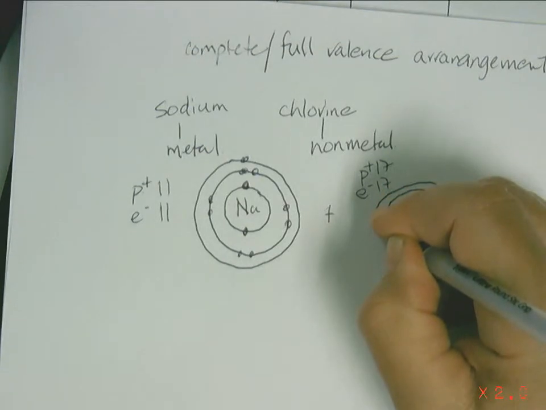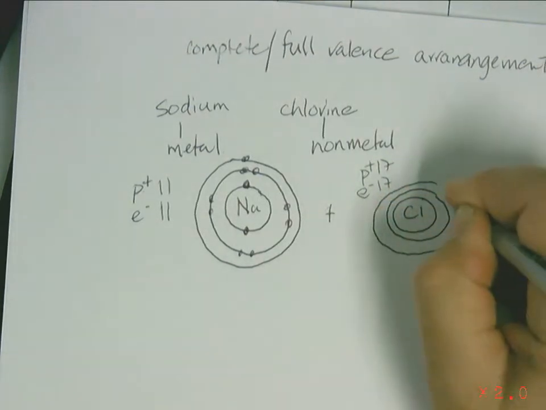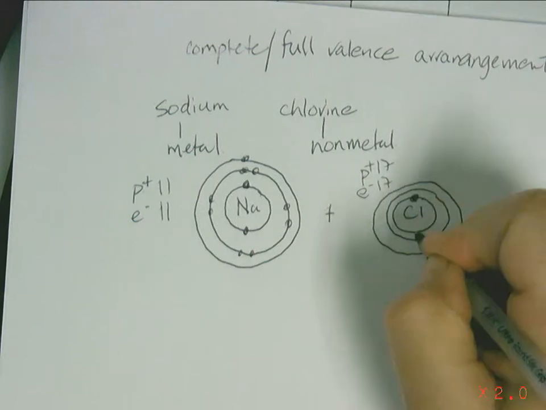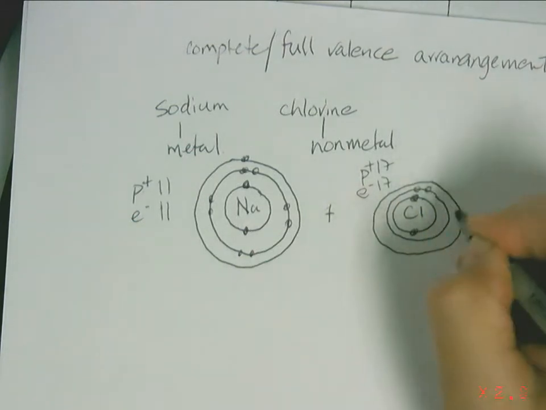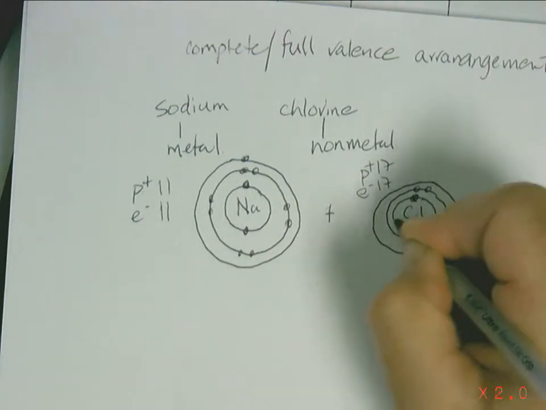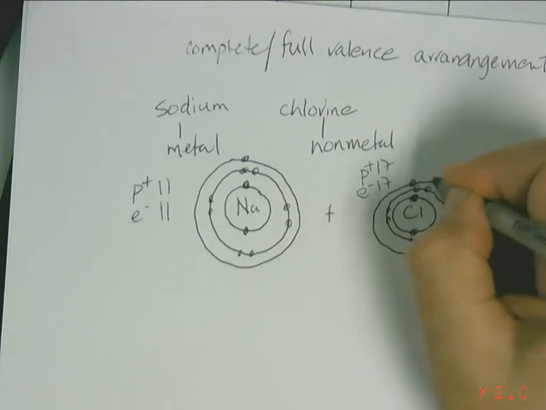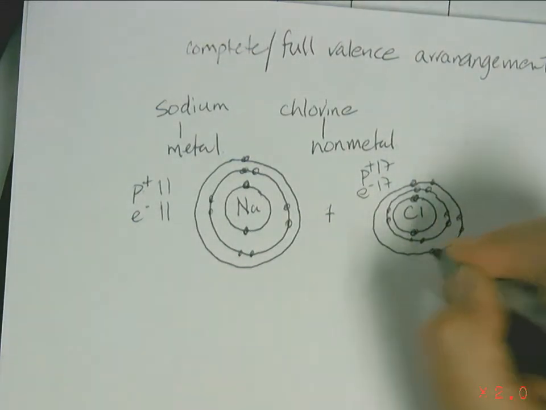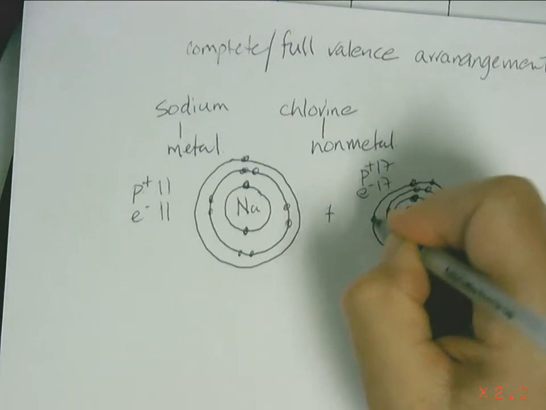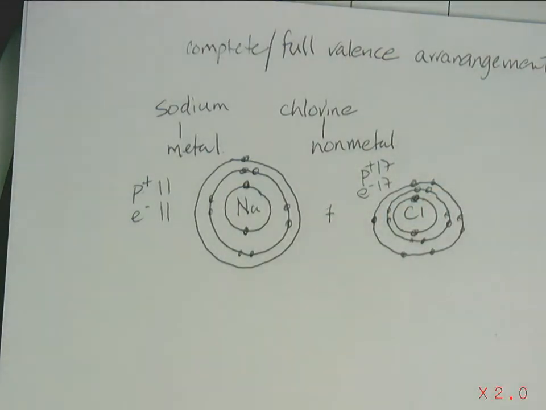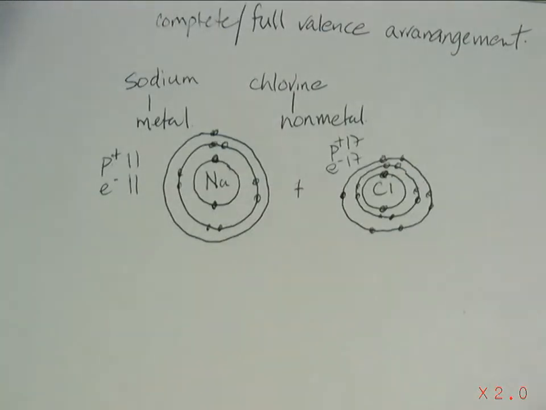It's also in the third period, so it's going to have 3 energy levels or orbits, 2, 8, and 7 valence electrons.